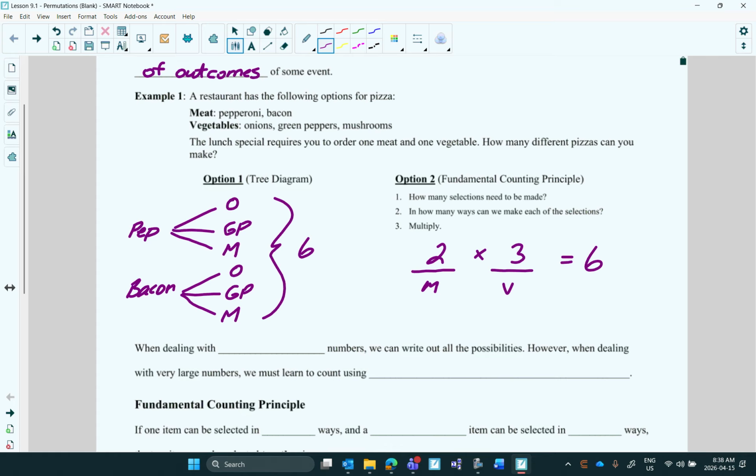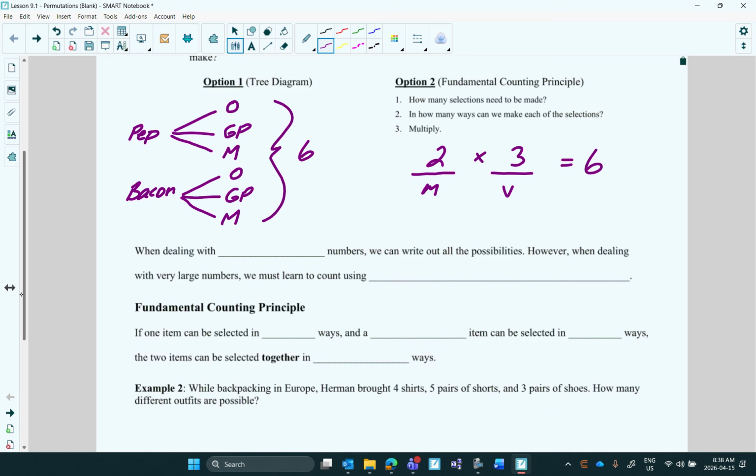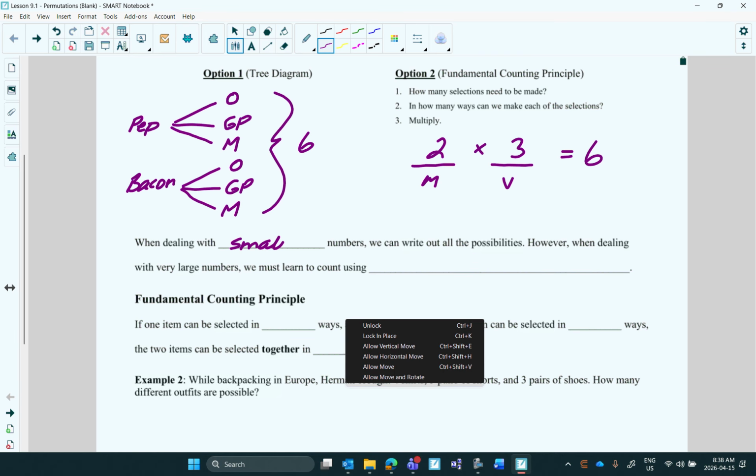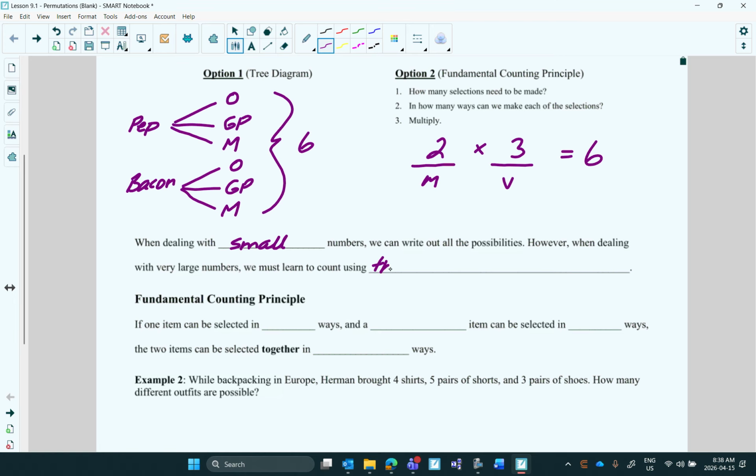And we're going to be relying more on this than we are going to worry about these. Because really, with these, we would really only do those if we're dealing with small numbers. But when the numbers get larger, you want to use what's called the fundamental counting principle.